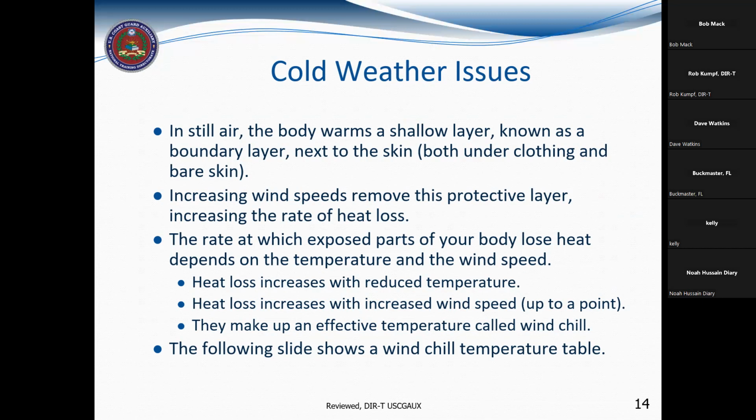It happens to a lot of folks during deer season. So you have to be aware of the wind chill factor, and also the ambient temperature and what you're doing. You also have to account for the wind chill from your vessel moving. So what's your rate of speed and what is that wind chill going to do to you? Some people don't think of that when they're out on the water.